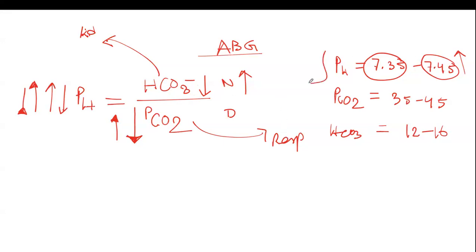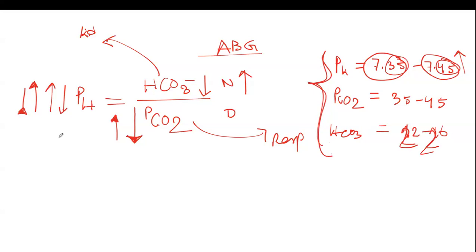And remember the normal values: pH between 7.35 and 7.45, PCO2 35 to 45, easy to remember, and bicarbonate 22 to 26. That will be your main values that we need to remember.